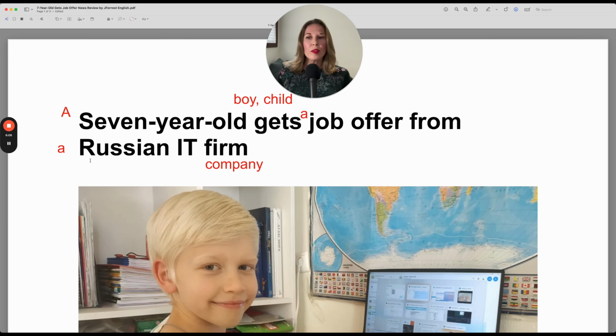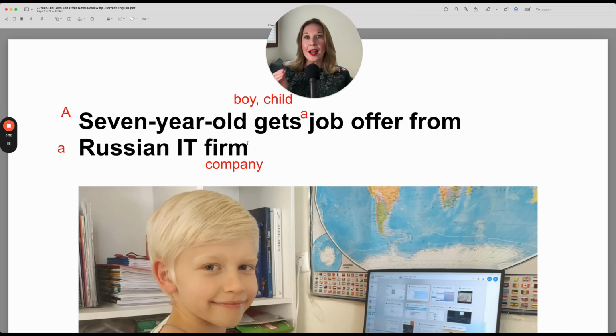Now, we're also using a because it's not a specific firm, it's just a firm. A Russian IT firm. If we said the Russian IT firm, it would mean we were specifying a specific one. But at this point in the article, we are not. So these are the 3 articles that are missing grammatically if you were to write this as a full sentence.